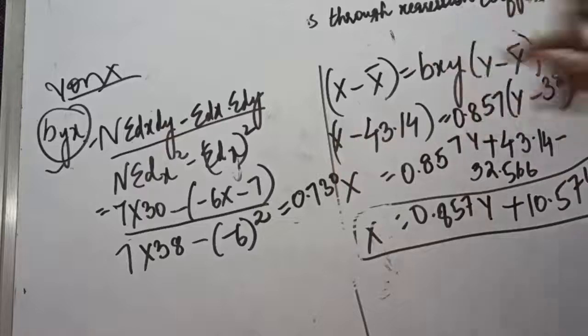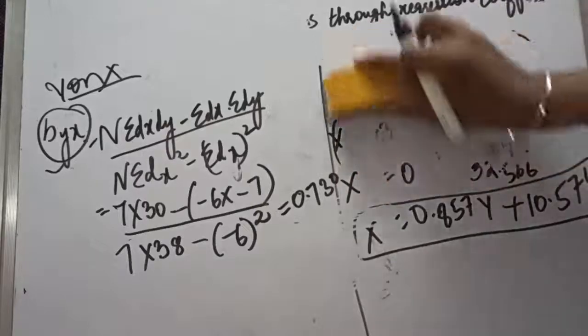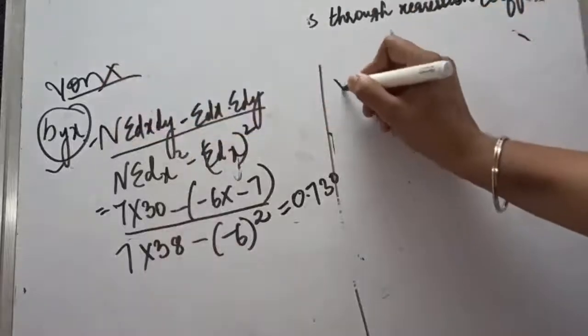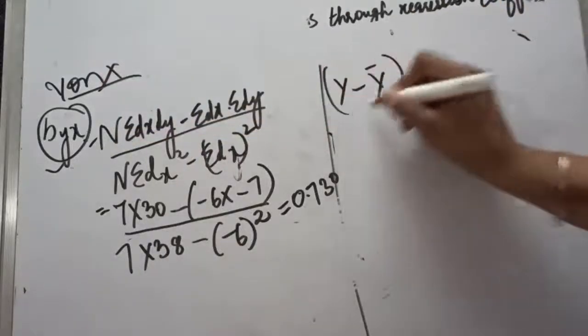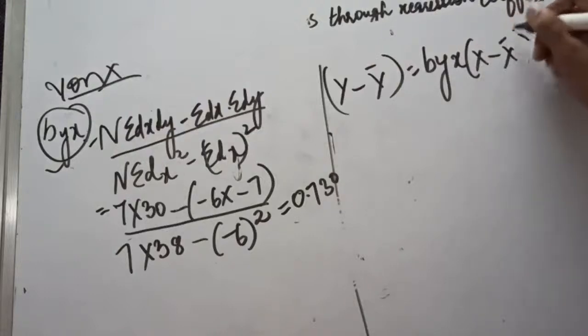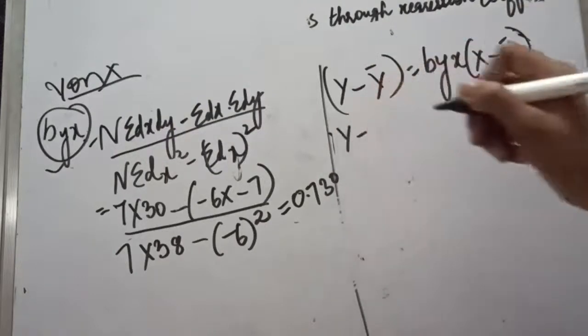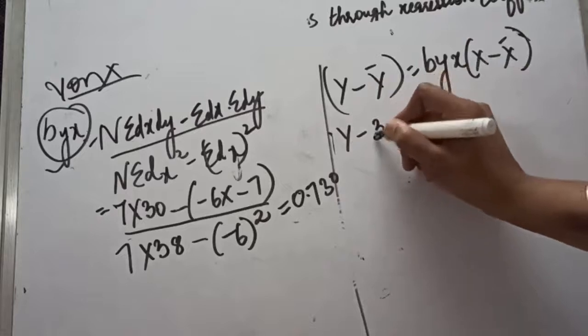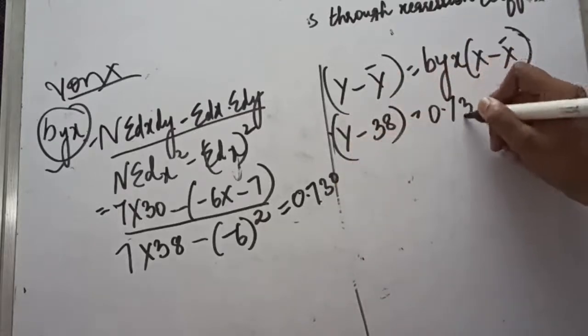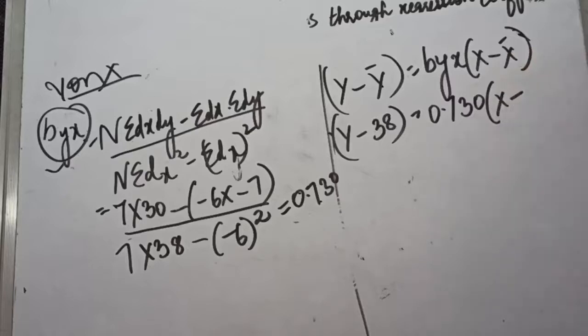Here also we will make changes because now we are calculating the y on x equation. So our formula will be y minus y mean is equal to byx into x minus x mean. Y mean we have calculated, it was 38. Byx has come out to be 0.730. X minus x mean, x mean has come out to be 43.14.